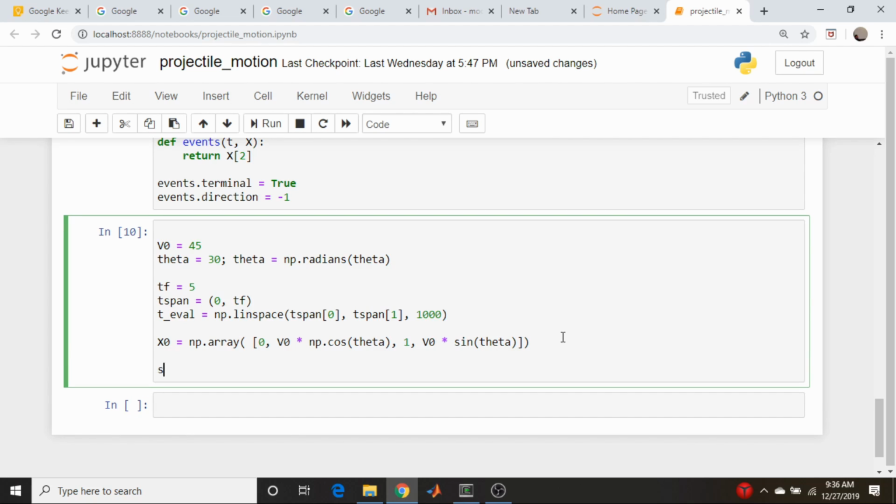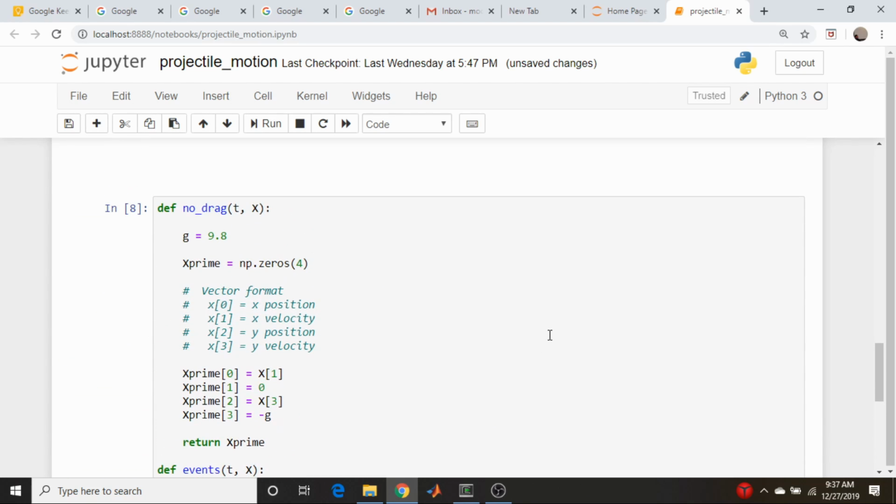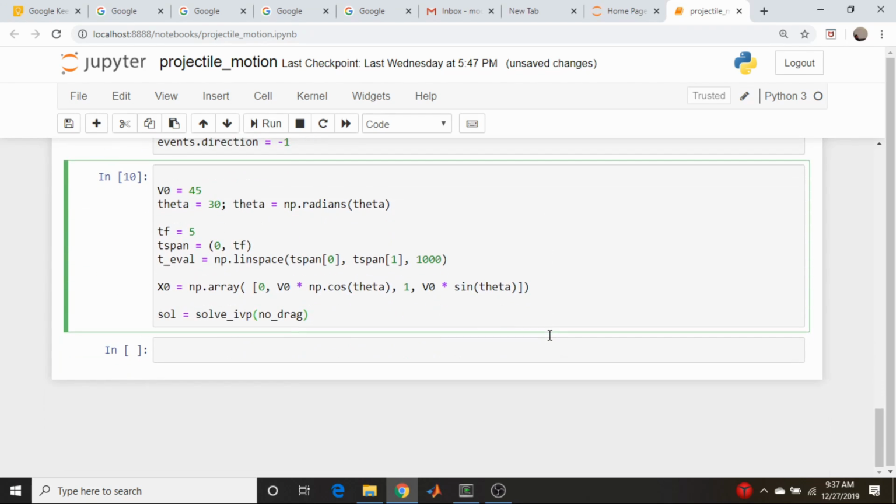Let's go on now and set up the actual integration. So let's come down here and say solution is equal to solve initial value problem. Our function, I believe, was called NoDrag. Is that what I called it? Yes, it is. Okay.